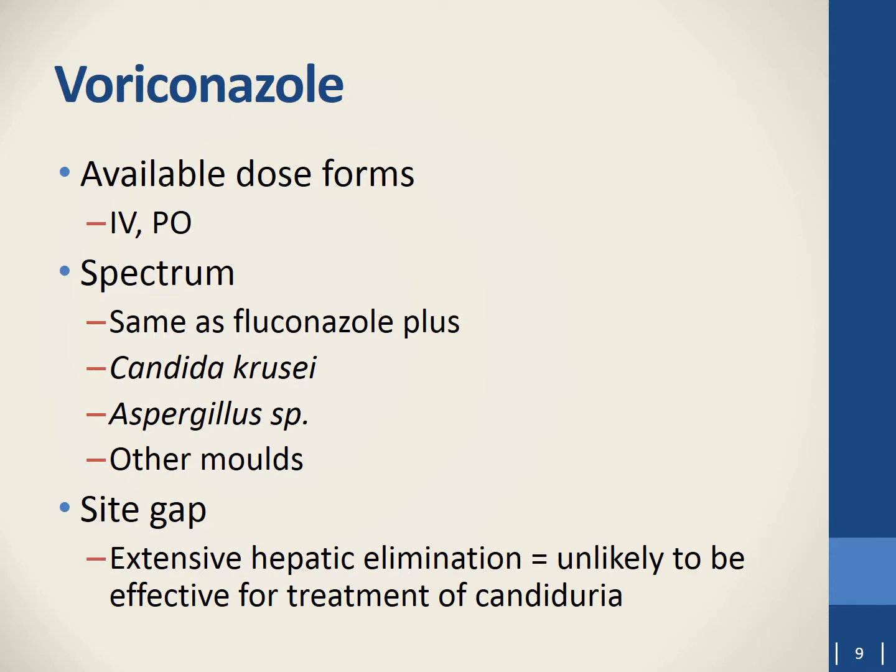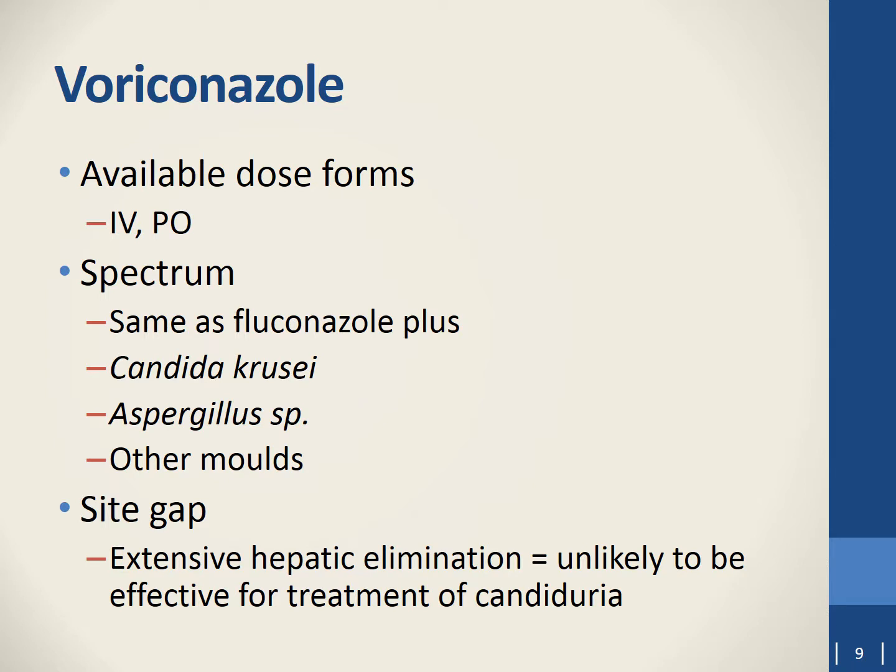Switching now to voriconazole, it's available in both the IV and PO form. And when you think of its spectrum, it covers everything that fluconazole does, plus it also covers Candida krusei well empirically. It still is an empiric miss for Candida glabrata, however. So again, we wouldn't want to use it unless we had susceptibilities. The big gain with voriconazole is good Aspergillus coverage, and it does cover some other molds.